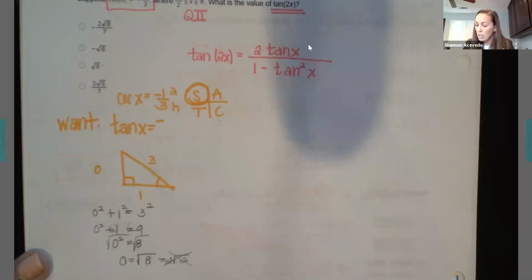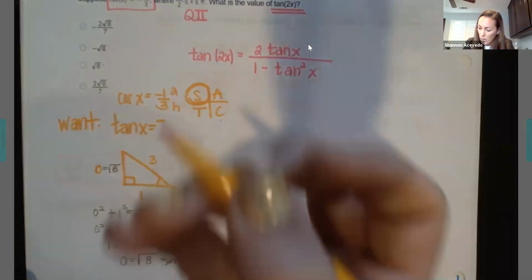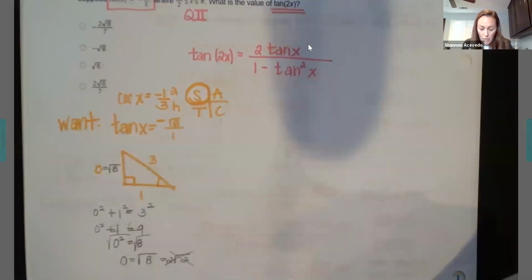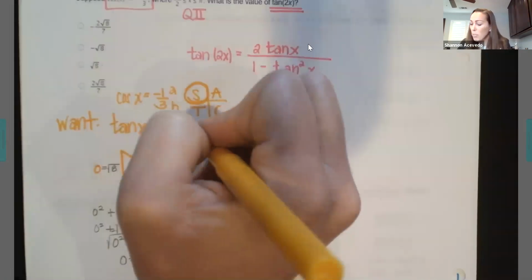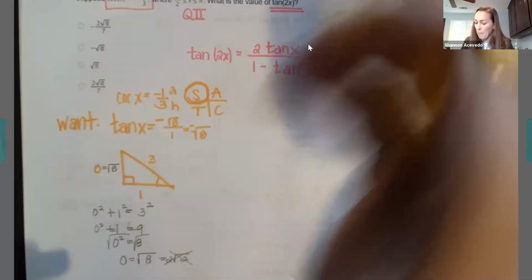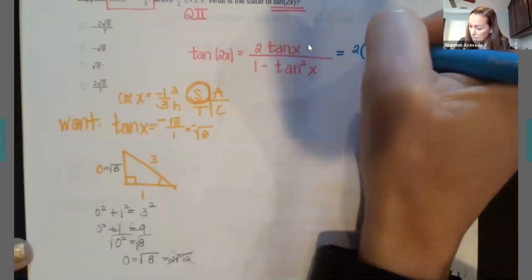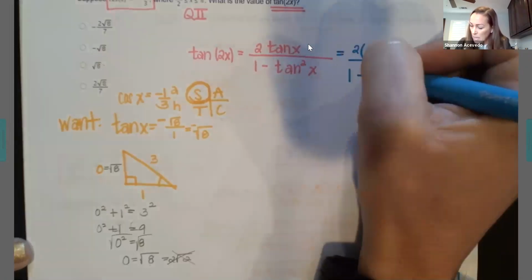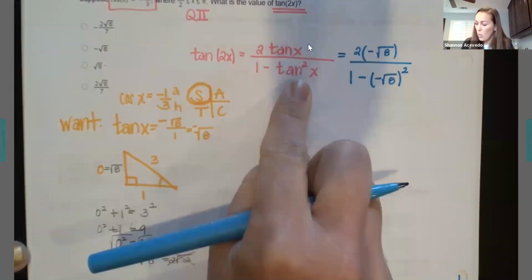So when I look at my tangent then, my opposite side is the square root of 8. So tangent is the square root of 8 all over 1. So opposite over adjacent, so it's just going to be negative square root of 8. So I plug it into my equation over here. And I get 2 times negative square root of 8 all over 1 minus negative square root of 8 squared. Remember, this is saying your tangent squared.